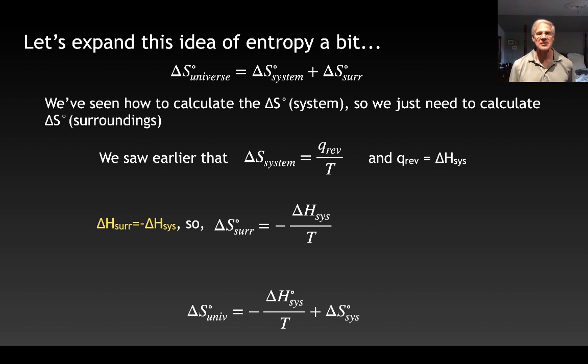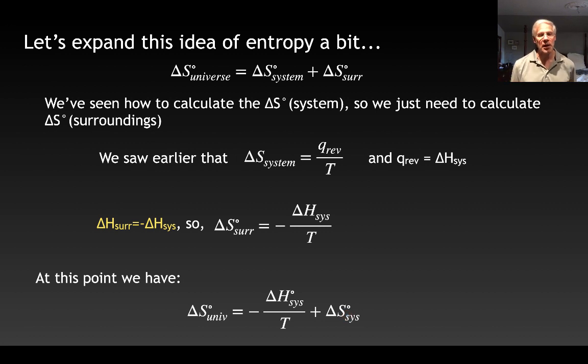So if delta S of the system is equal to Q reverse over T, then the delta S of the surroundings must be equal to negative delta H of system over T. So negative delta H of the system would be equal to Q reverse of the surroundings. And so that would give us the delta S of the surroundings. So we can use the delta H in place of that Q reverse. And so now what we end up with here is delta S of the universe is equal to negative delta H of the system over T plus the delta S of the system.